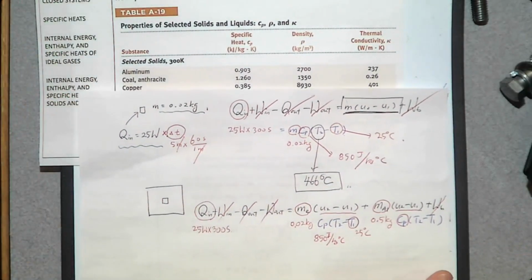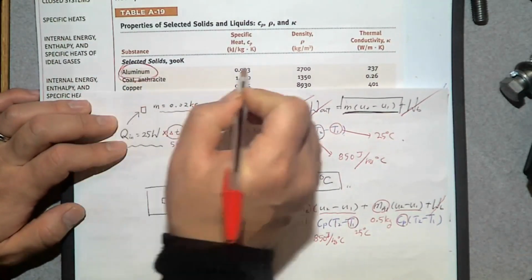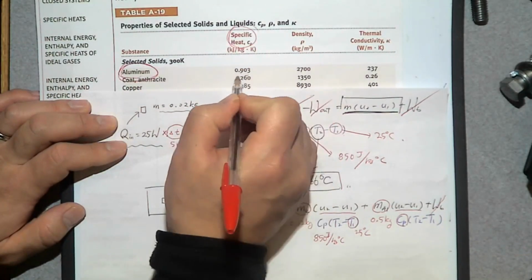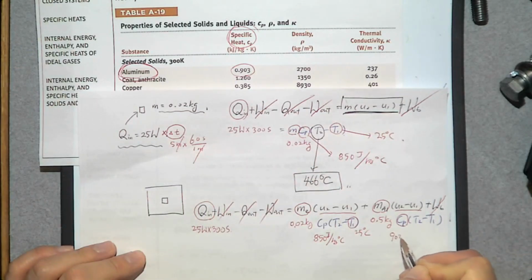If you go to table A19, aluminum specific heat is 0.903. That is kilojoule per kilogram Kelvin. So if you only want to use joule, it's going to be 903 joule per kilogram degrees Celsius.